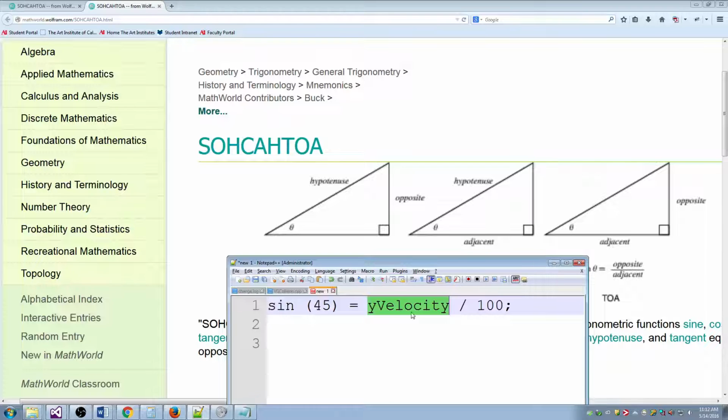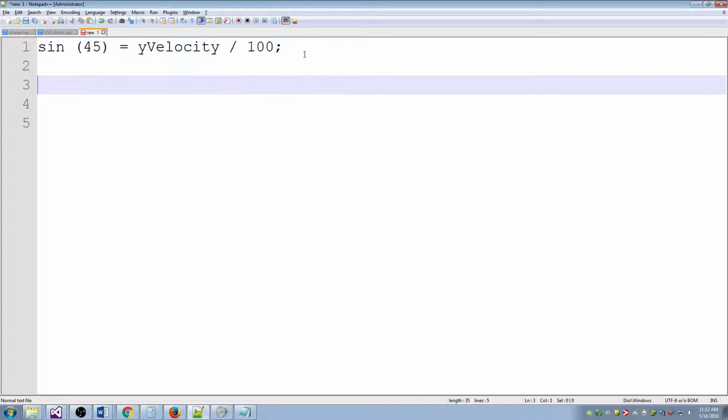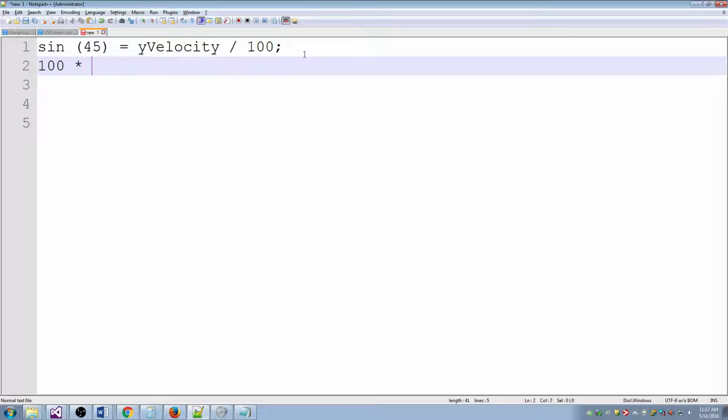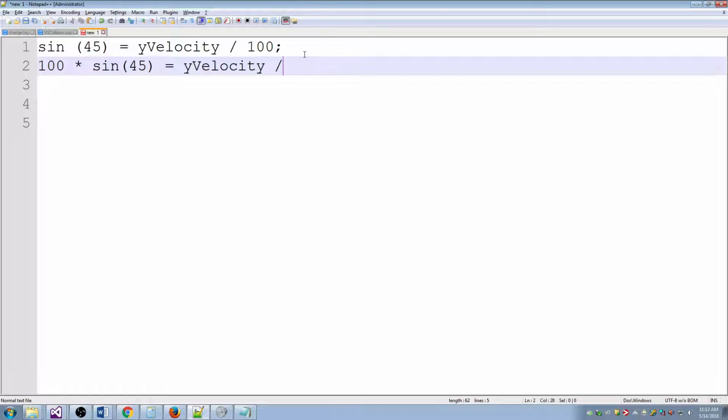So if I want to know what this y velocity is, how do I solve for this equation here? How do I take this equation and solve for y velocity? Well, algebra tells us that if I multiply both sides by 100, so 100 times sine of 45 is equal to y velocity divided by 100 times 100.